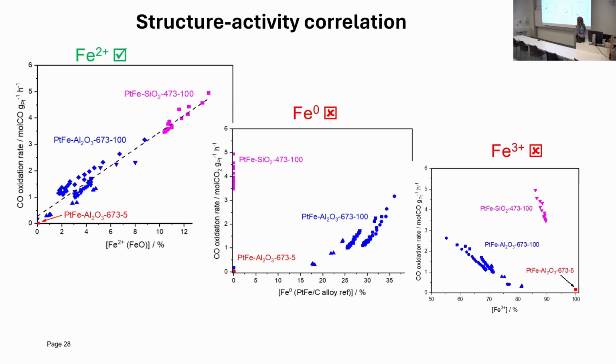It doesn't correlate with iron 0, and with iron 3+ it's rather correlated negatively. And this is in spite of the fact that iron 2+ was actually not the major fraction. It was just up to 12%, but we could pinpoint that this is the important part of the catalyst which makes it more active. Of course, other iron can also be active, but not to the same level.